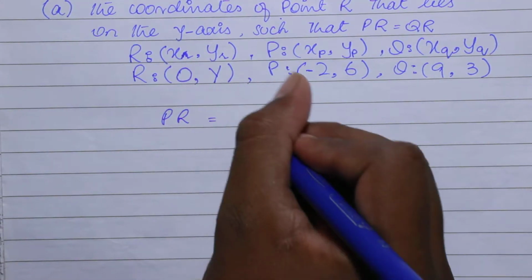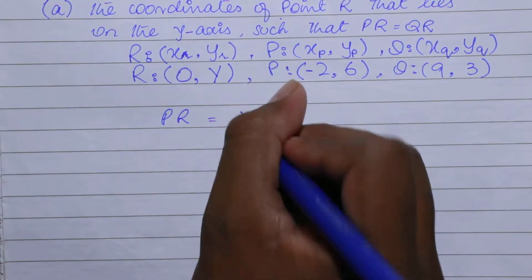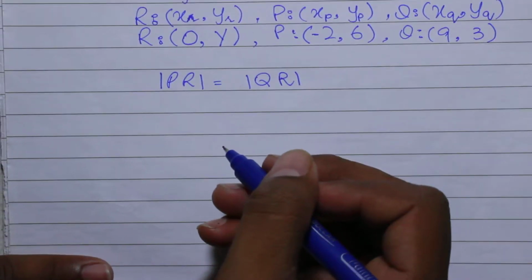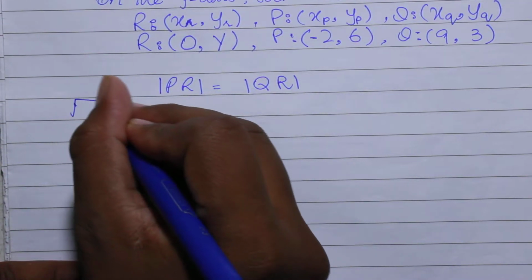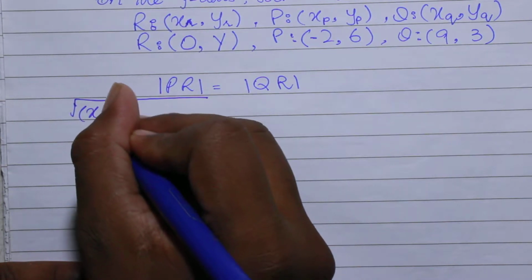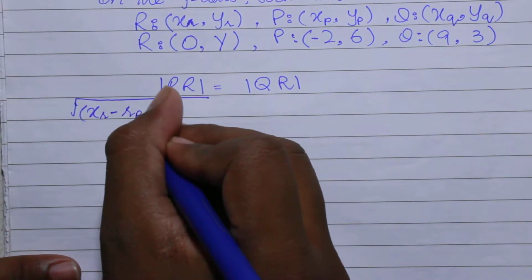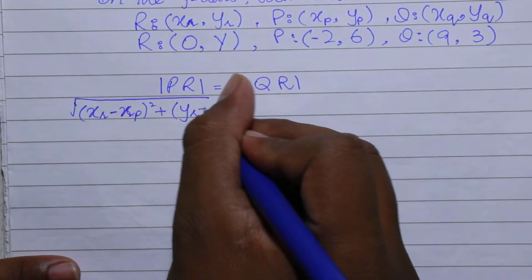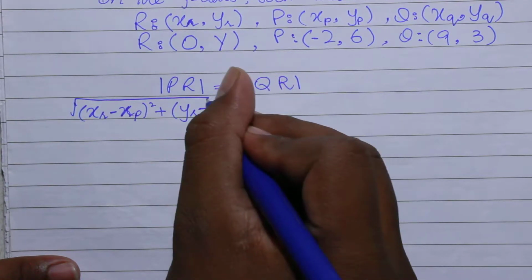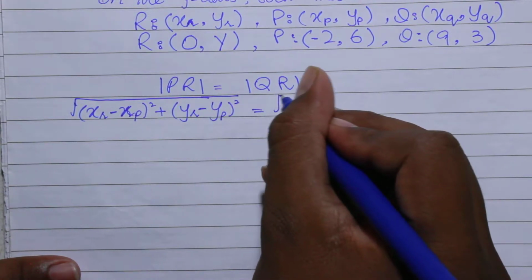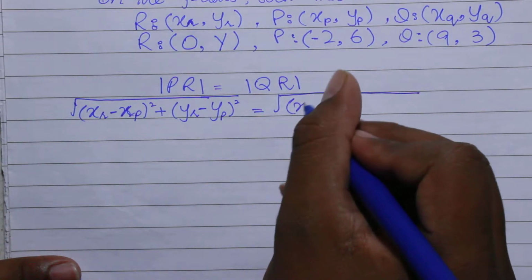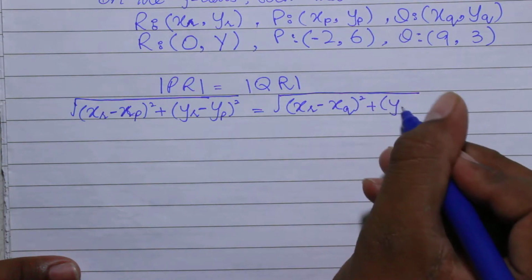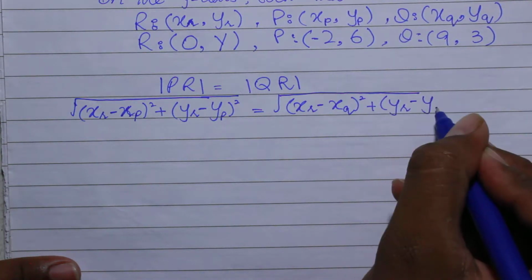Now PR equals QR; this is the distance, so we take the distance formula: square root of (x coordinate of R minus x coordinate of P) squared plus (y coordinate of R minus y coordinate of P) squared equals square root of (x coordinate of R minus x coordinate of Q) squared plus (y coordinate of R minus y coordinate of Q) squared.